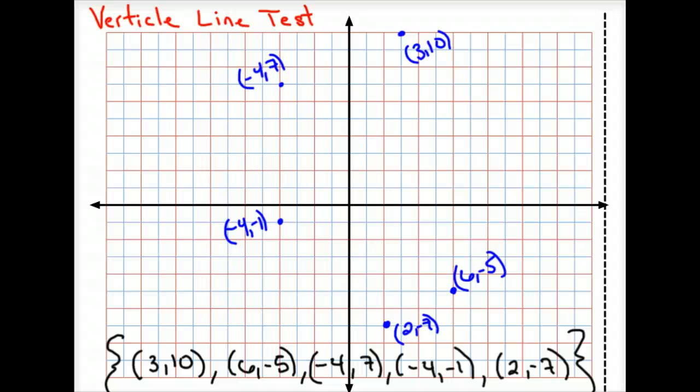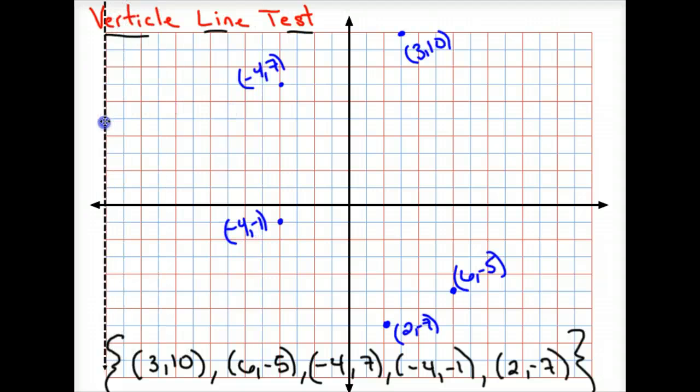Our next example, we have our ordered pairs, and we have something called a vertical line test. Here's our graph. Here are a couple of paired coordinates. We're going to run this vertical line across the whole graph.